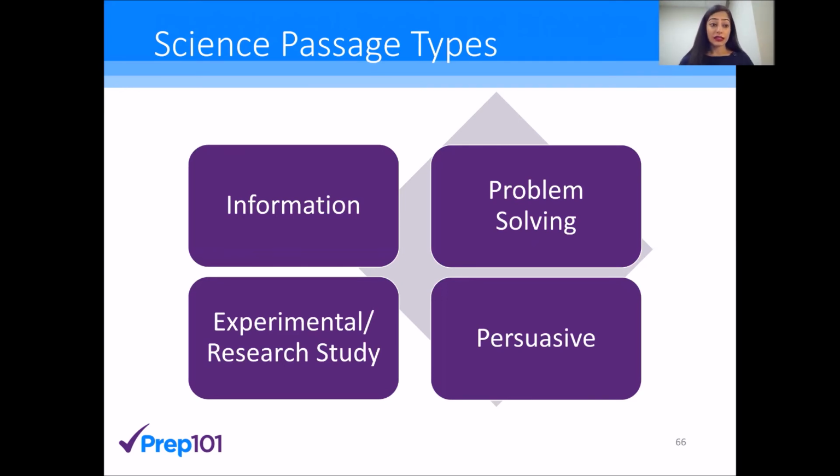Now, a second type of passage is a problem-solving passage. So the problem-solving passages, what they're out to do is basically test your abilities to identify causes of and solutions to various scientific problems. So these may be problems that you have been introduced to in your studies, or they may be novel problems that you may not know at all, but they want to see, can you identify what would cause this kind of biological problem?